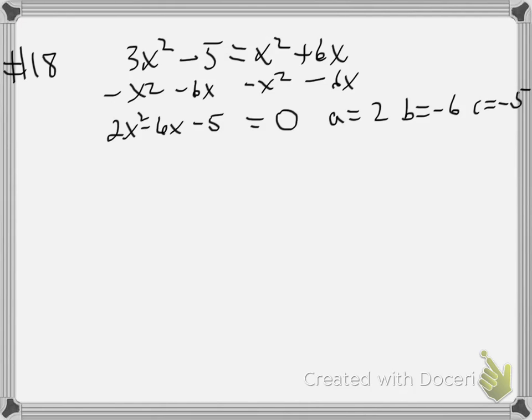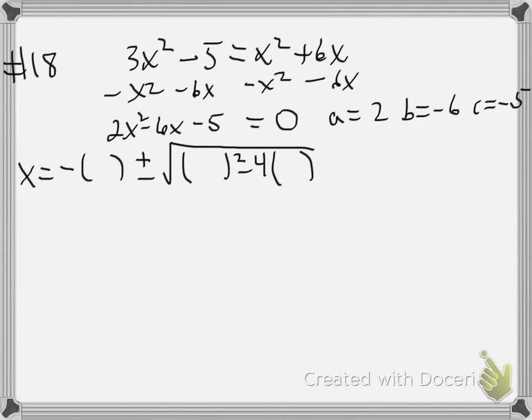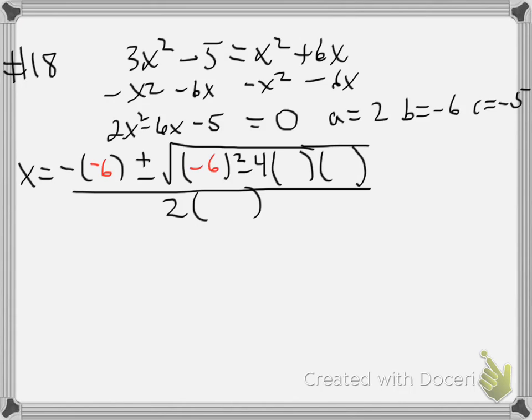Okay, so I'm going to put those in here. x equals negative B plus or minus the square root B squared minus 4AC all over 2A. So negative 6, negative 6. I'm going to have 2 and 2, and I'm going to have negative 5 here. So I'm going to do some simplifying.